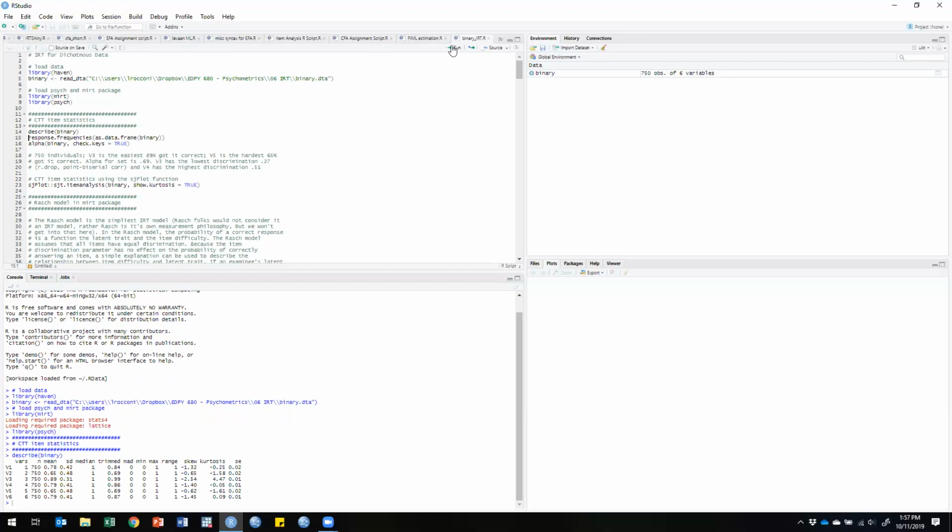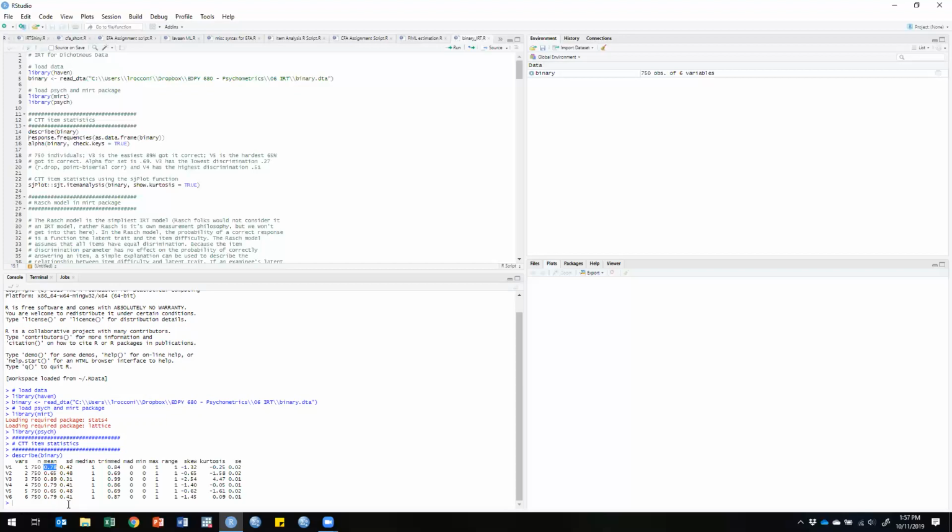We can use the describe function from psych. So we see there are 6 variables. We can see the variable names here on the left side. And there's no missing data in this data set.